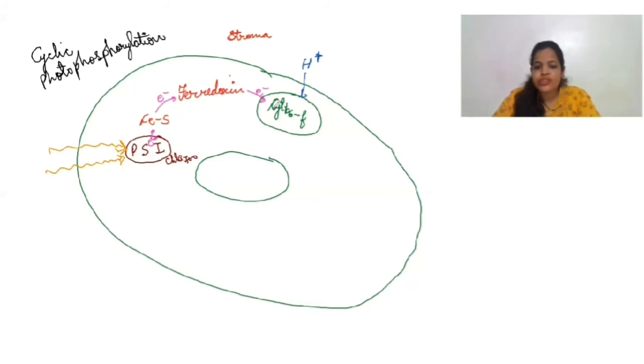The cytochrome is going to transfer electrons to the plastocyanin. PC means plastocyanin. Okay, and what happens to the protons? These protons are actually sent to the lumen. The protons are sent into the lumen.